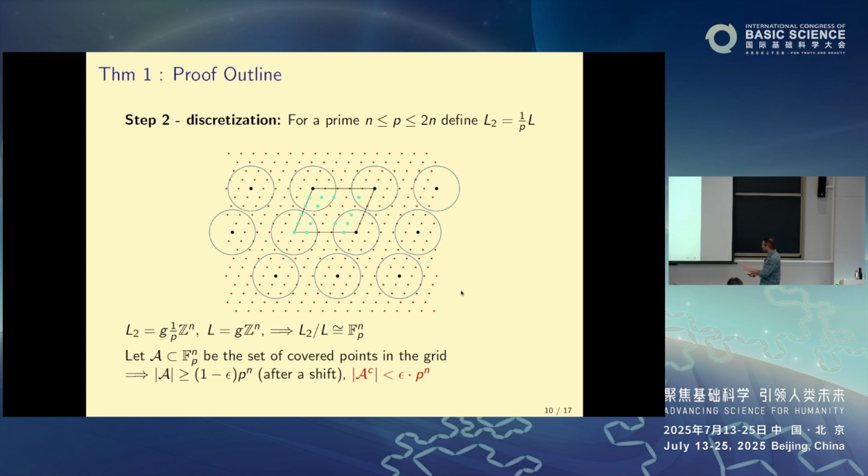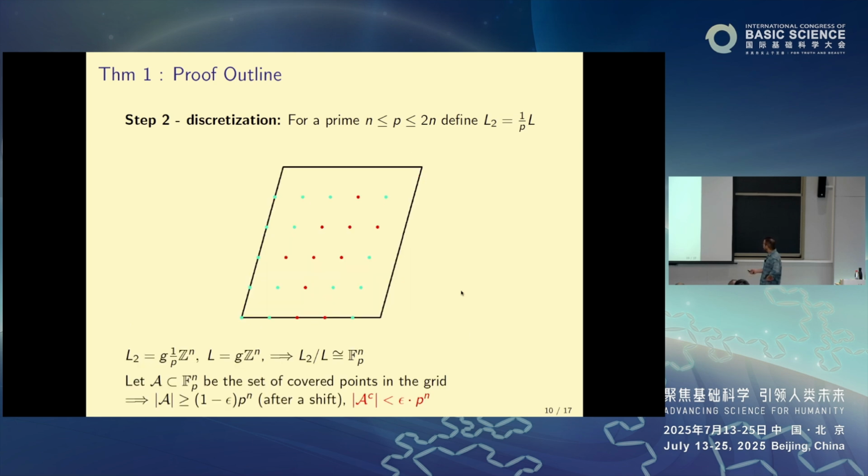So let's ignore the shift K from now on. And I know that my set A has at least 1 minus epsilon times p to the n points. This means that its complement, A complement, has at most epsilon times p to the n points. Right, so this is my picture inside the fundamental cell. The cyan points are A. I hope you can see those in the back. It's a very poor choice of color. I'm sorry about that.